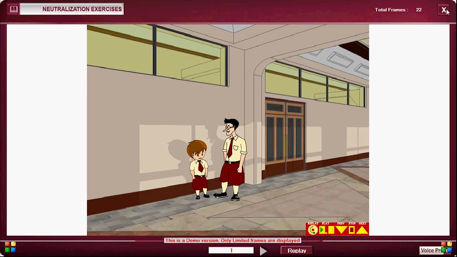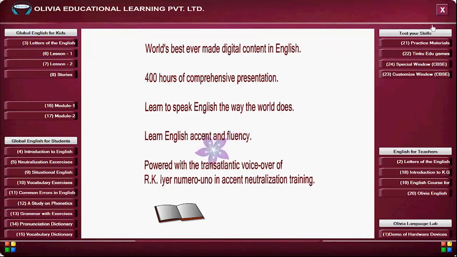This hardware system and the software system give a lot of input and avenues for practicing, which will improve the quality, which will improve the standard and style of English spoken by our students.